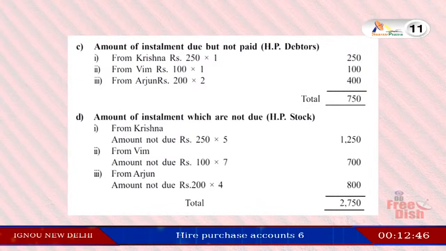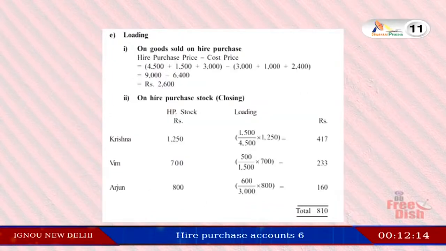So 9,000, 9,000. So here by stock reserve 810. This is the amount of loading on this hire purchase stock. Out of 2,750, 810 is the amount of loading. This is not closing, this is loading. This is a typographical mistake.